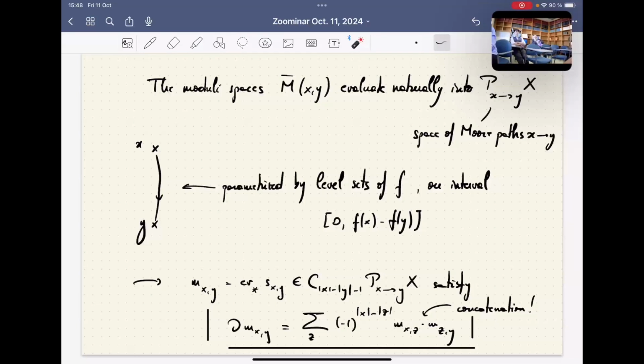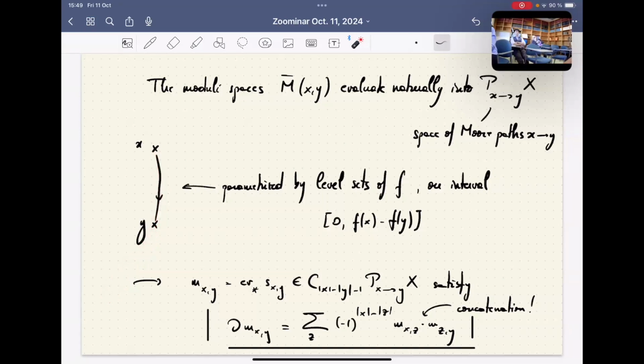If I push the previous representatives of fundamental classes via this evaluation map, they turn into chains on these path spaces, which satisfy this relation, where the nice thing is that what was previously a product becomes a concatenation, simply because one path followed by another path turns into their concatenation.